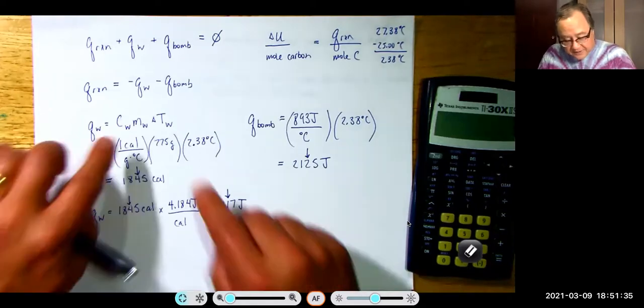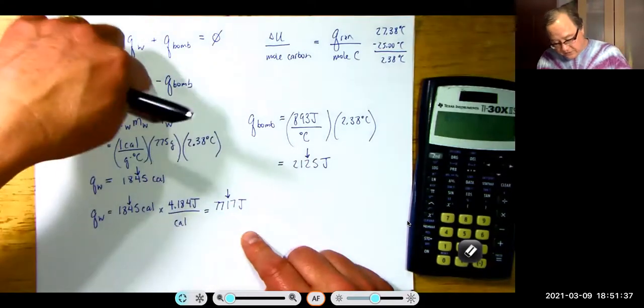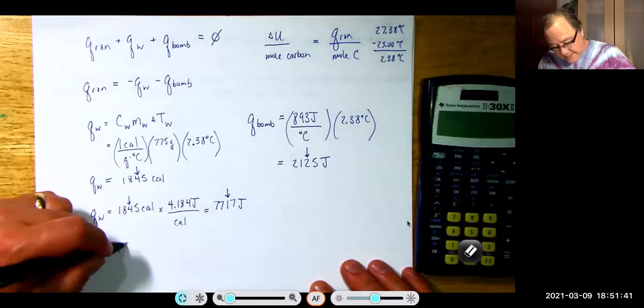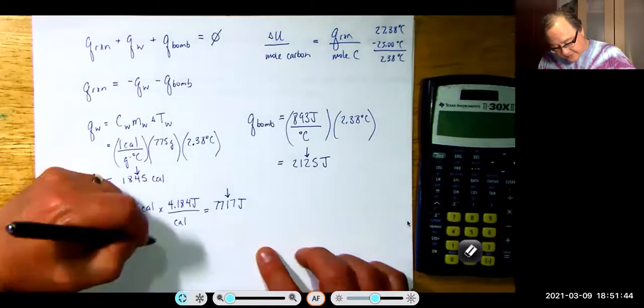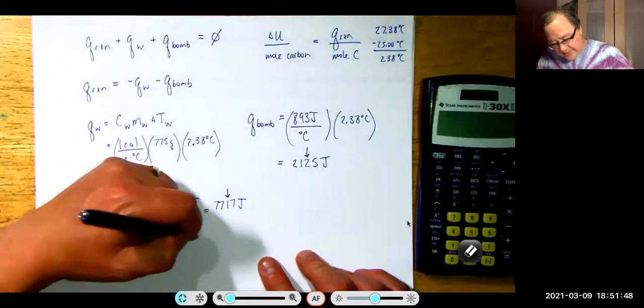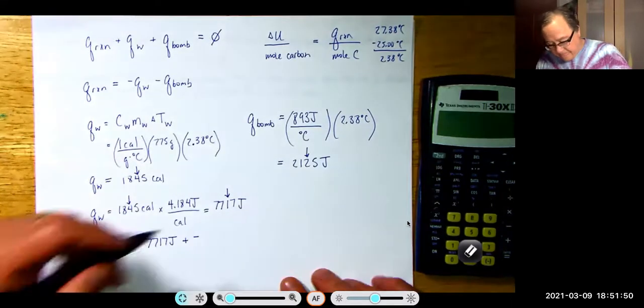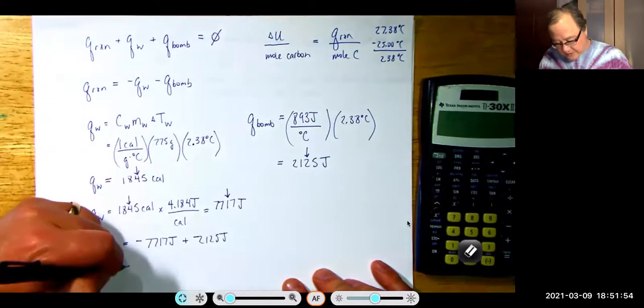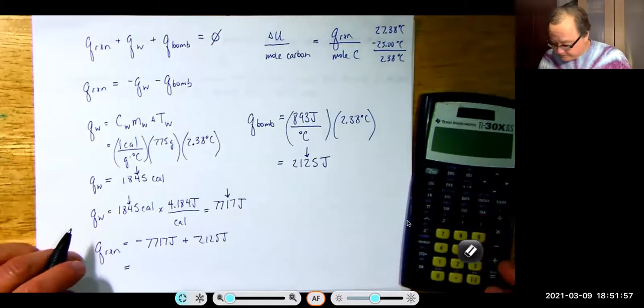So when we plug it into this problem up here, Q of the reaction, we get negative 7717 joules plus negative 2125 joules. And so let's add these together.